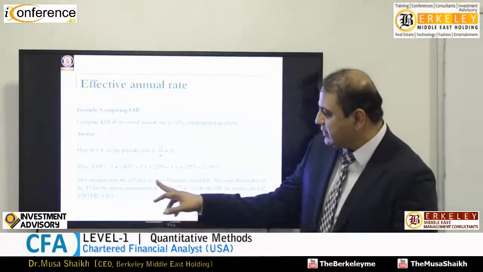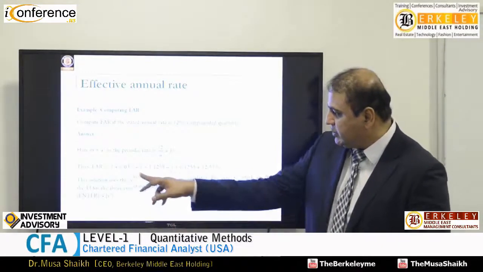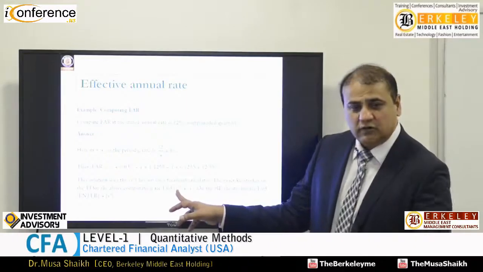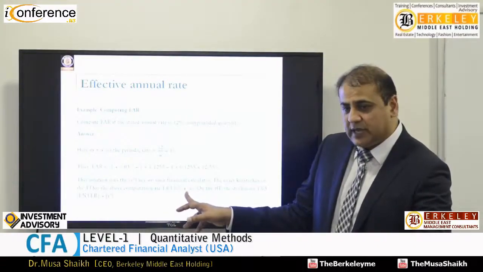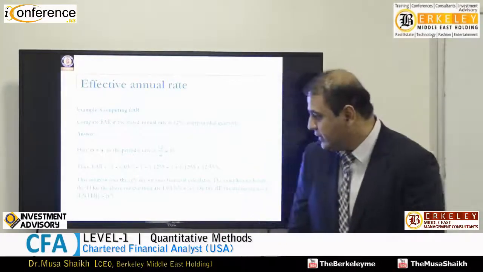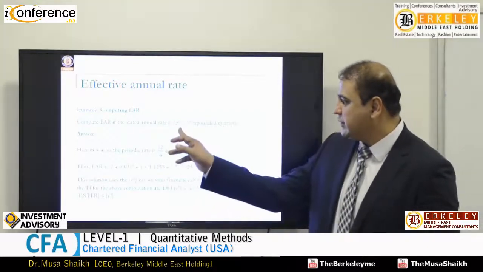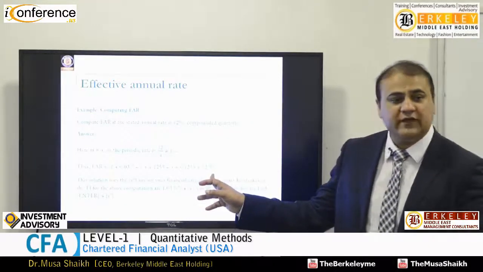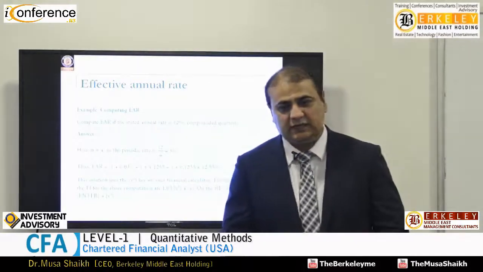In your calculator, after getting 1.03, because it's a power, there is a button called YX. You will press 4 and then the equal sign, and you will get 12.5%. They told you 12%, but effectively it was 0.5% more. This is the advantage of calculating the effective rate of return.